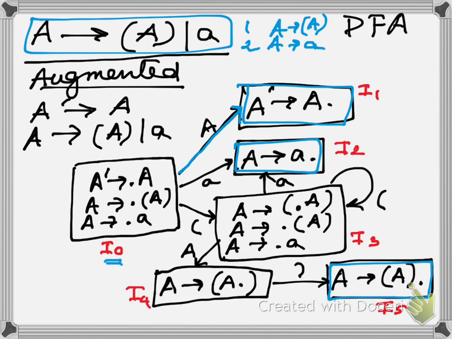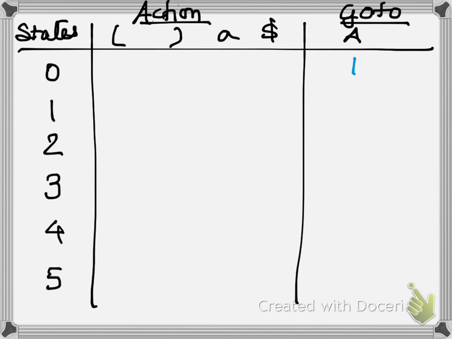Next, for I0, on small a goes to state I2. So state 0 on a goes to state I2. What we'll write here is shift 2, S2. S stands for shift, 2 stands for state number.